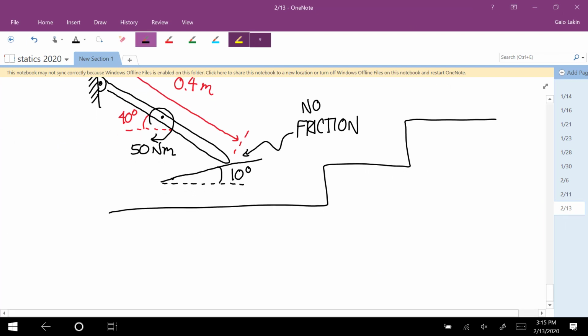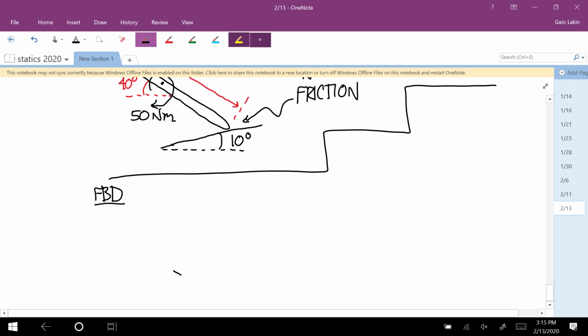So I want to make sure I get the free body diagram and then show the angles on the forces. So free body diagram. There's the body. We have a weight at the center. And that's 10 times 9.81, so 98.1.